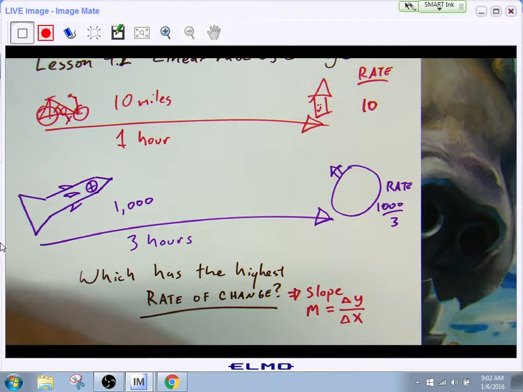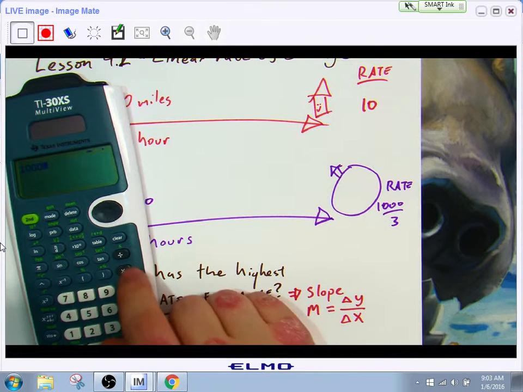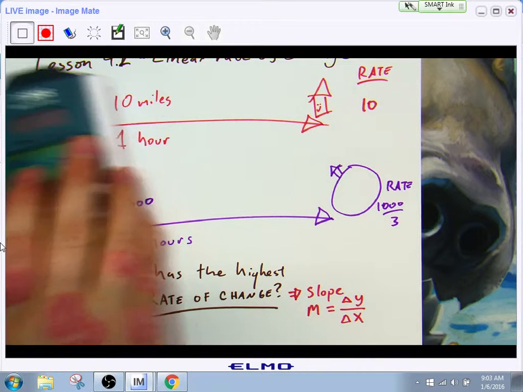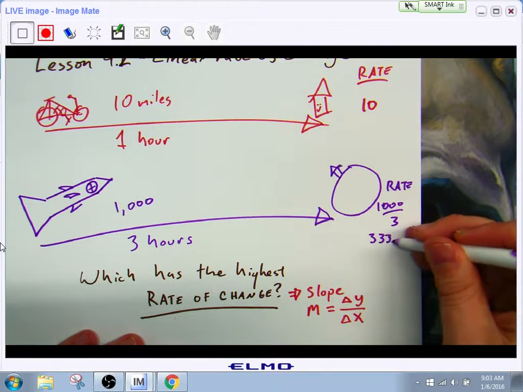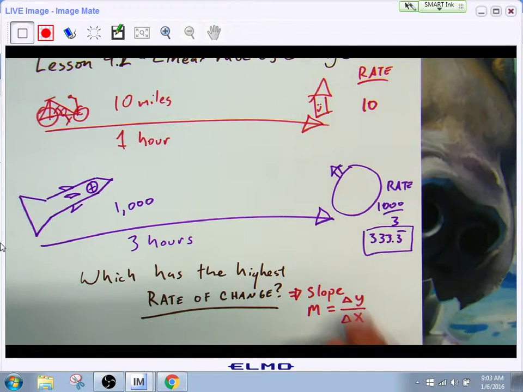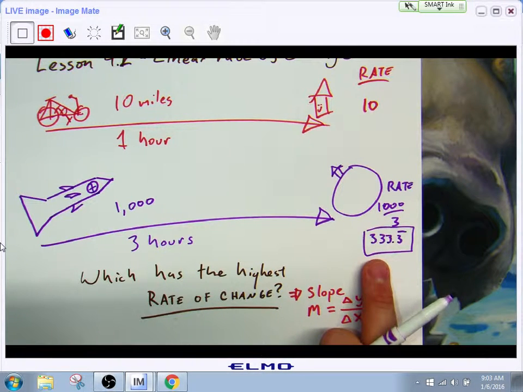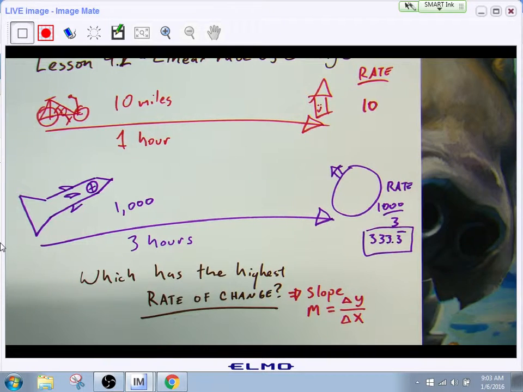Or, in an easier to understand form, 333.3 repeating. Okay? So my slope is 333 compared to 10. Which is the higher slope? Clearly this is a larger number than 10, thus it has a higher rate of change. Does that make sense?